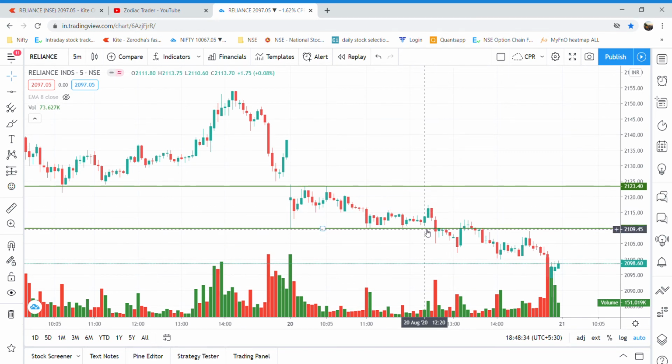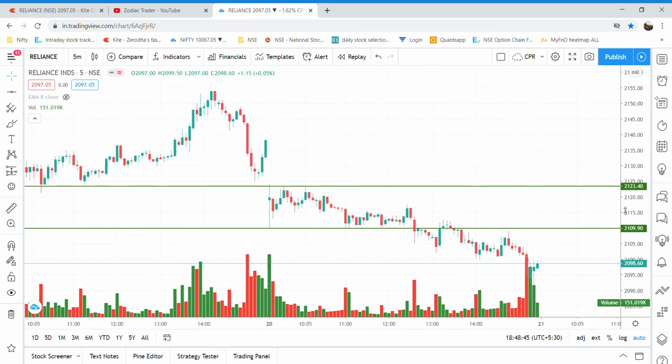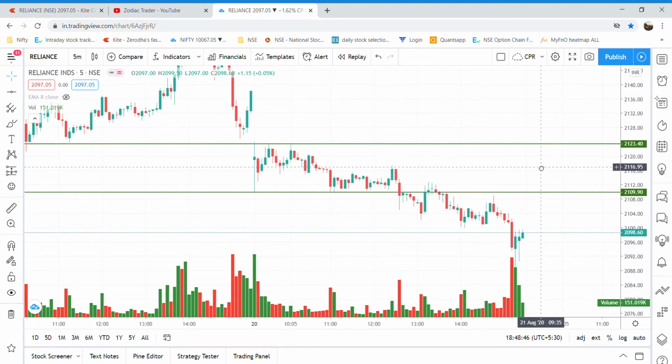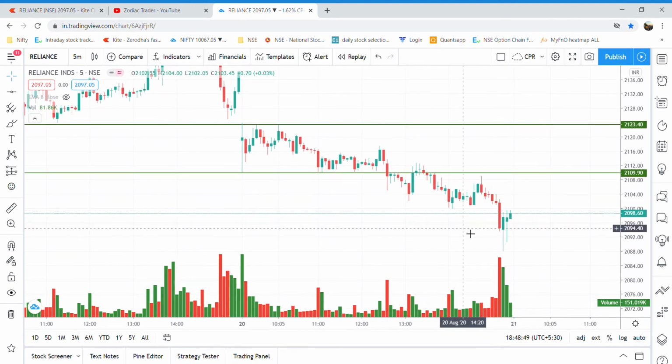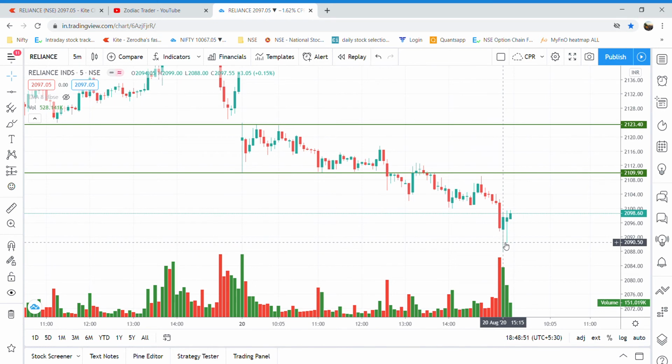As you can see today, this is Reliance. We shorted at 2105 and Reliance went all the way down to the low it made today. She made a low of 2088.